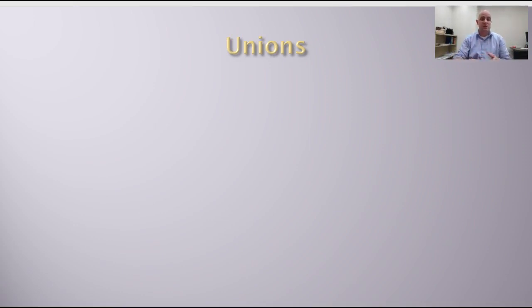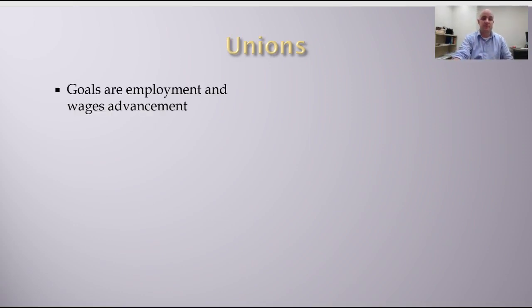So first off, let's talk about unions. Unions are groups that negotiate on behalf of a collective unit. Everyone in the union acts as one individual, and the unions come in and negotiate on behalf of all their members.